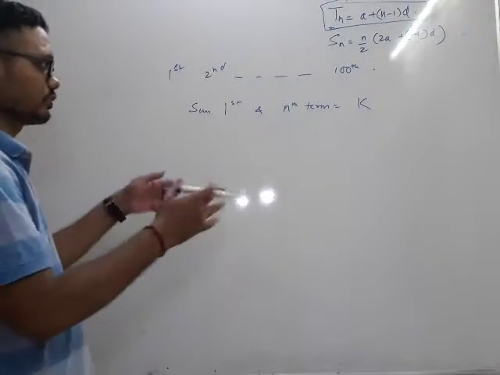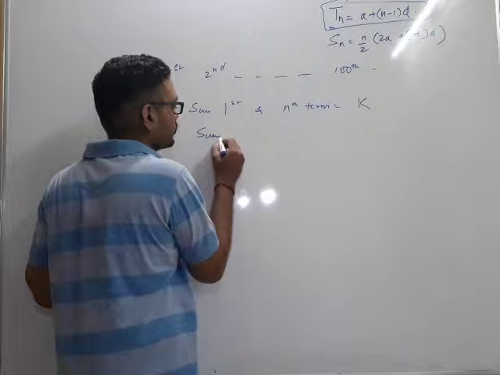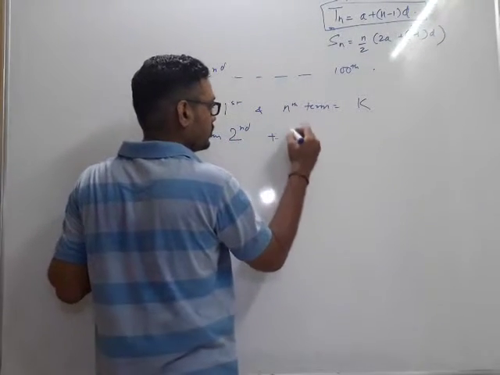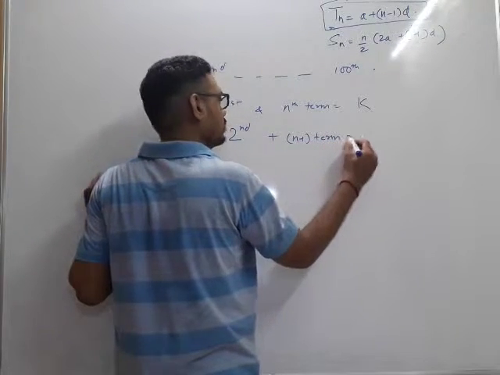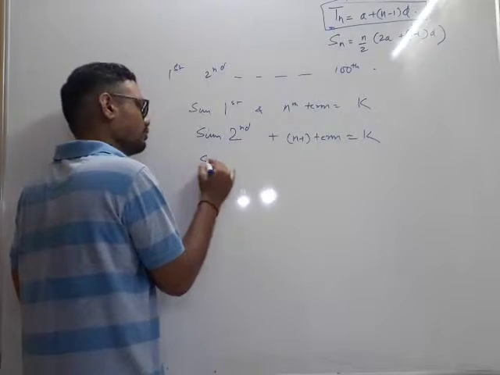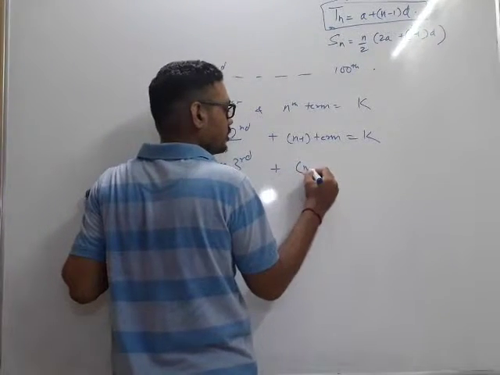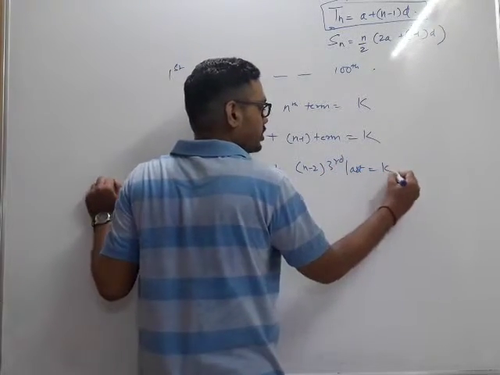Then there is one observation. The sum of the second and n minus 1, the second last term, will also be k. The sum of the third and n minus 2, the third last, will also be k.